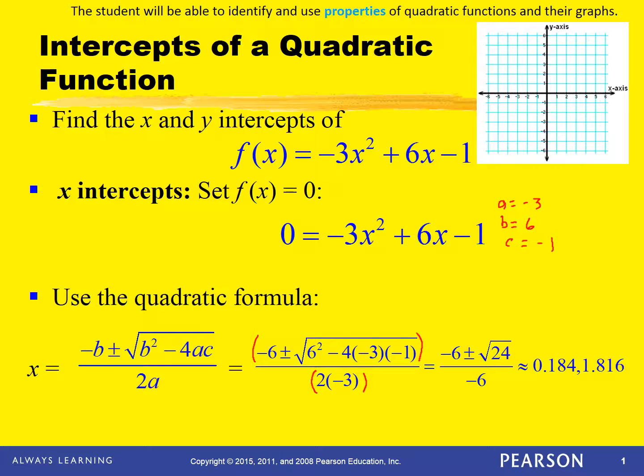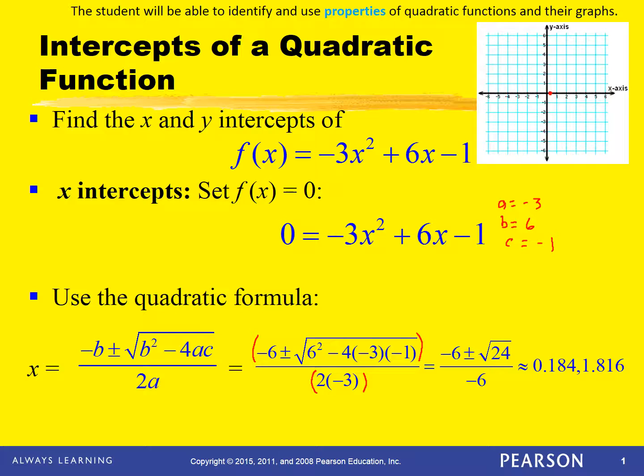Negative 6 plus or minus, under the radical, you have 36 minus 12. You have an odd number of negatives there. So 36 minus 12 is 24, over 2 times negative 3, or negative 6.